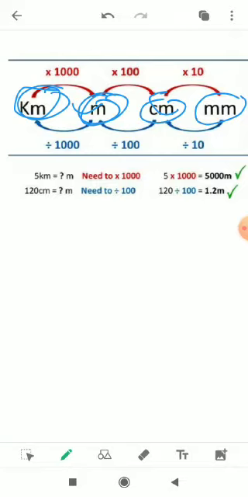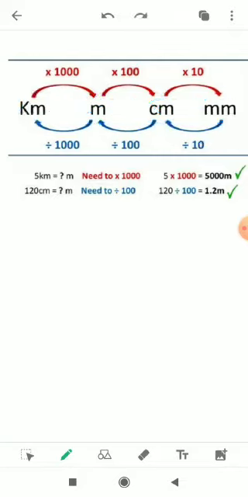But if we want to convert a smaller unit into a larger one, then we need to divide. As you can see here, if we want to convert kilometer into meter, then we need to multiply the kilometer value by 1000. In the same way, to convert meter into centimeter, we need to multiply the value of meter by 100.